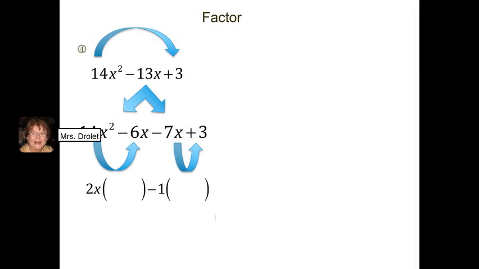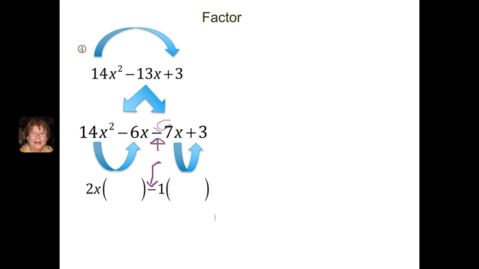So the next step is to look at each of those groups separately and look for a GCF. In the first two terms, the GCF is 2x. In the last two terms, and be careful when there's a negative, when that first term in the second group is negative, we usually make the GCF negative.